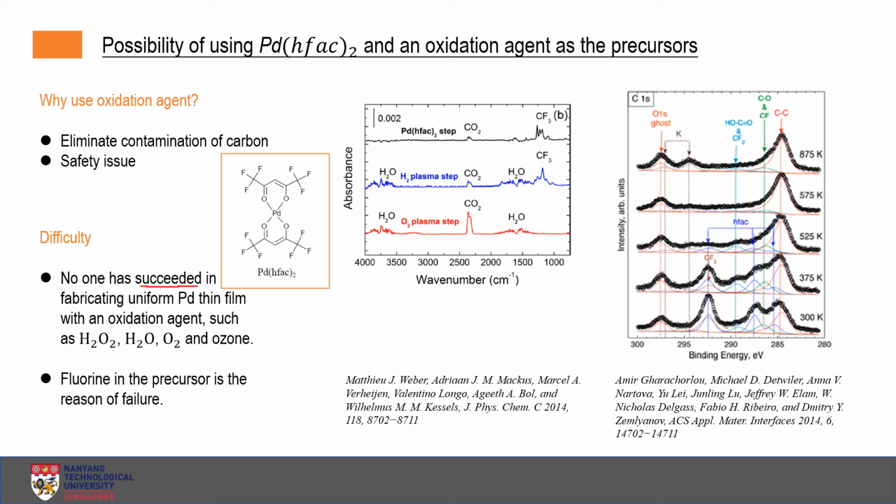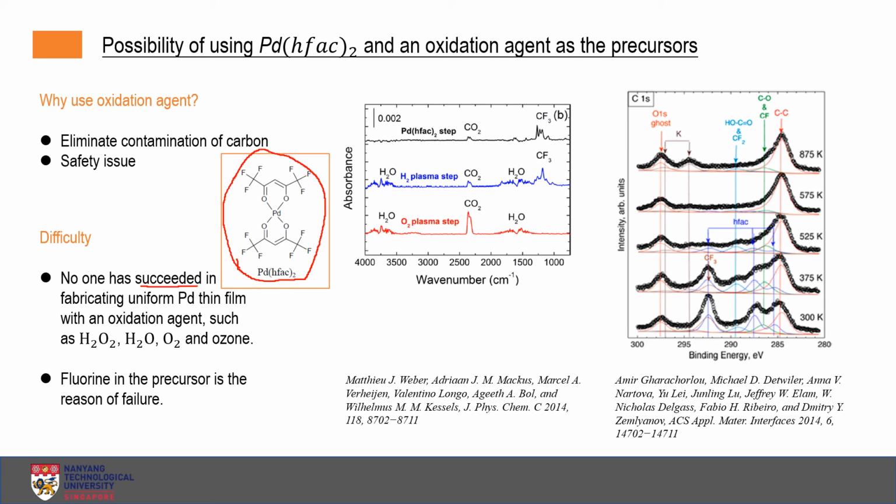Here I show the chemical structure of Pd(hfac)2 again. As we can see, there are many fluorine atoms in the molecules. However, there is no theory to explain how a fluorine atom affects the Pd ALD process.